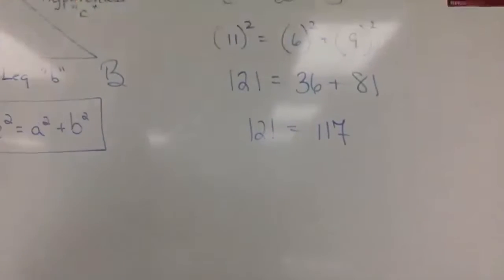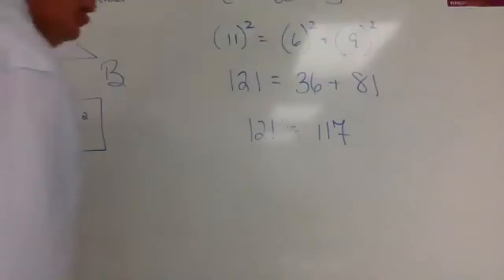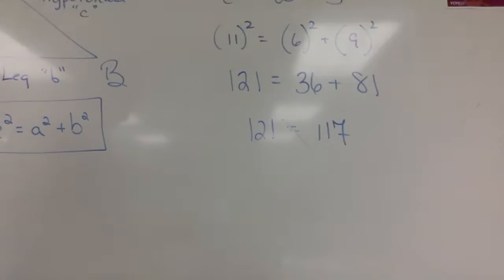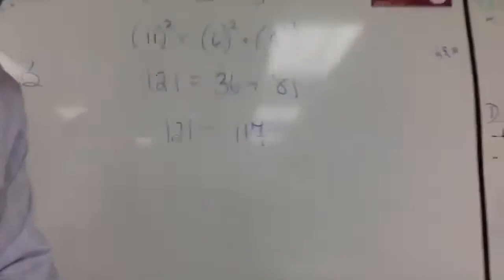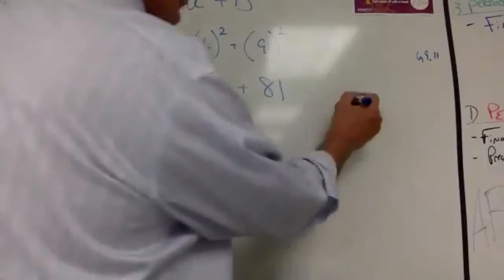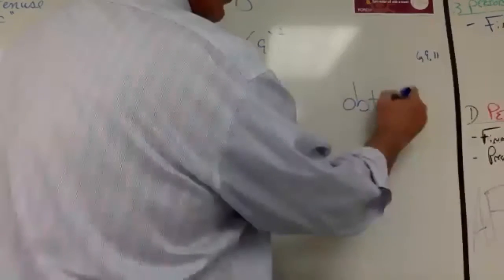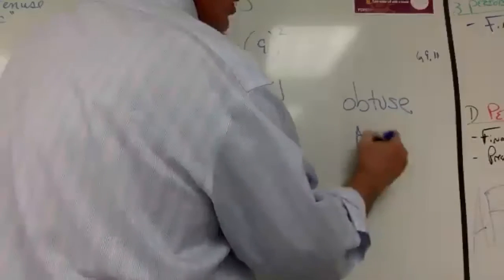Yes? All right. So here's what we know. 121 is not equal to 117. So what don't I have? A right triangle. I don't have a right triangle, but I do have a triangle that's either obtuse or acute.